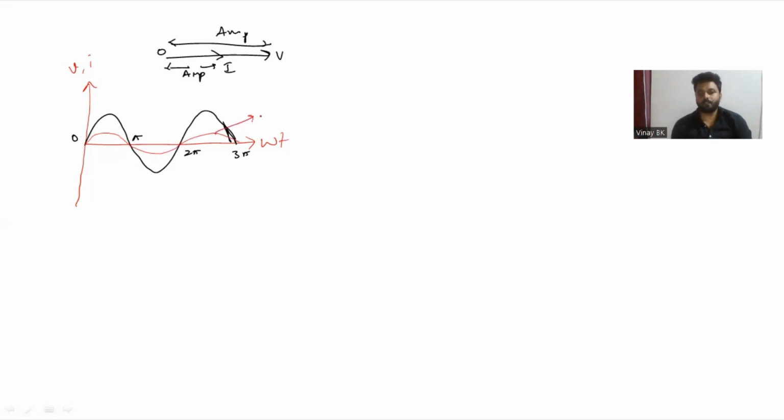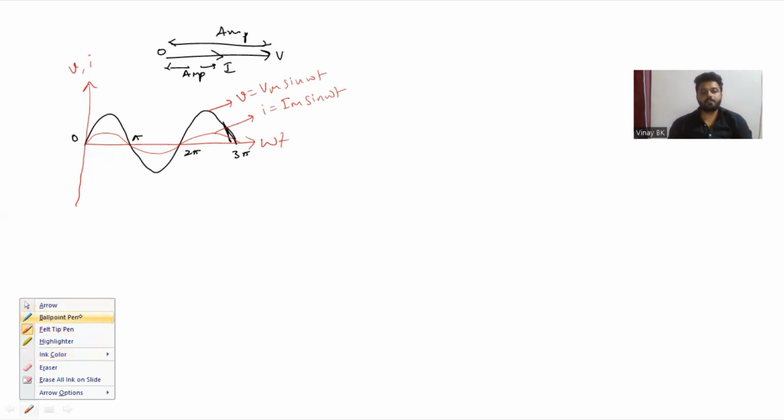This red waveform indicates current, given by Im sine omega t. Similarly, the black waveform indicates voltage, given by Vm sine omega t. So this is the waveform of voltage and current in case of pure resistor.